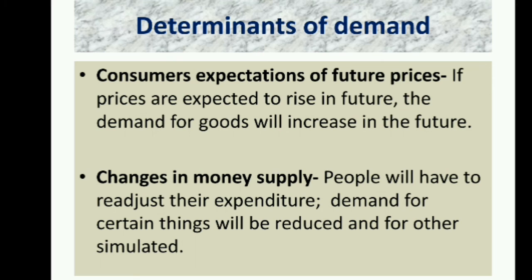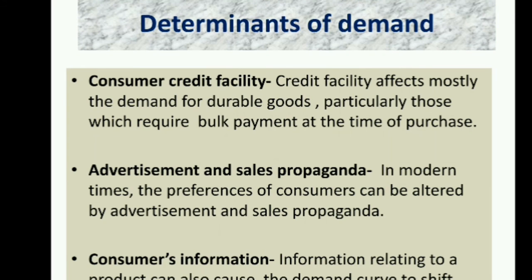So the next determinant is consumer credit facility. Consumer credit facility is also a determinant of demand, because availability of credit to consumers from sellers, banks, relatives and friends or any other sources encourages consumers to buy more than what they would buy in the absence of credit facility.